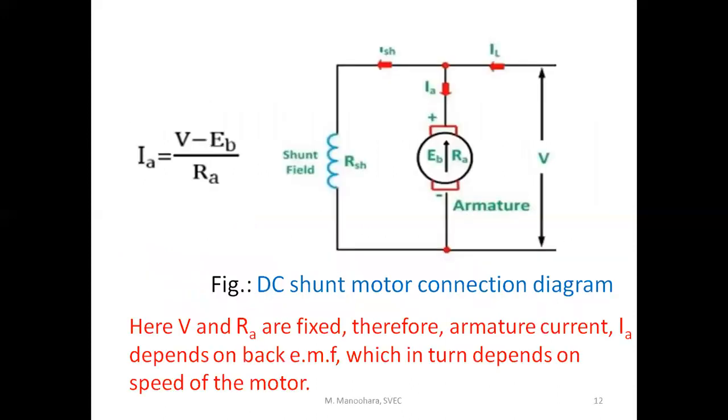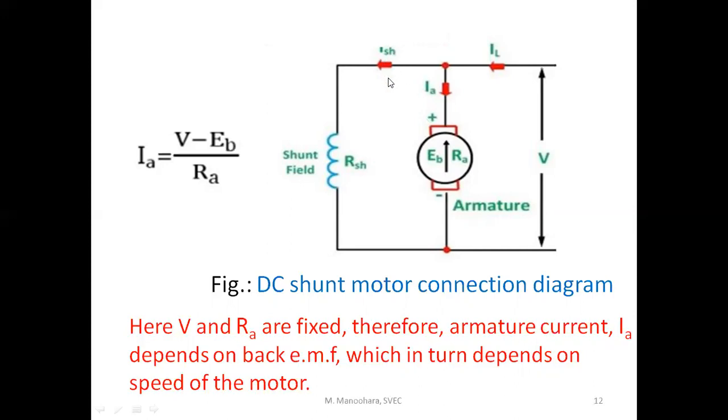Let us consider the DC motor connection diagram once again. This is the armature winding. This is the field winding. This is the supply voltage. Supply voltage is given to the motor, so it draws line current. Line current is divided into two parts as armature current and shunt field current.